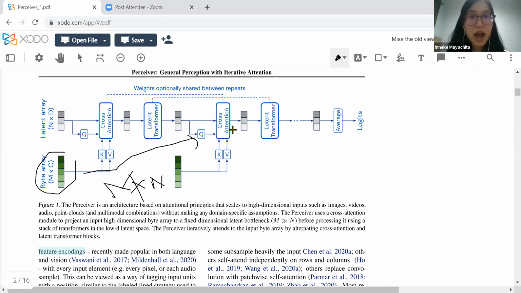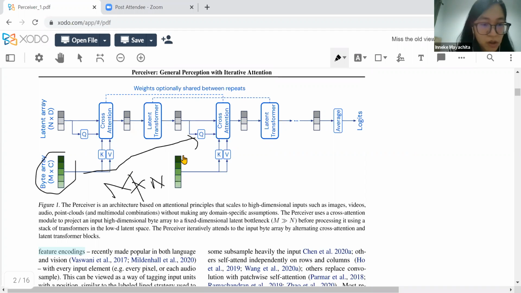We can use what we learned in the previous stage to find the next query for the next stage. So we come up with useful queries. And because it's also sharing weights, it looks like recurrent neural networks, right? This latent array is the hidden units, and this byte array is just like the input. So I think basically that's the idea.